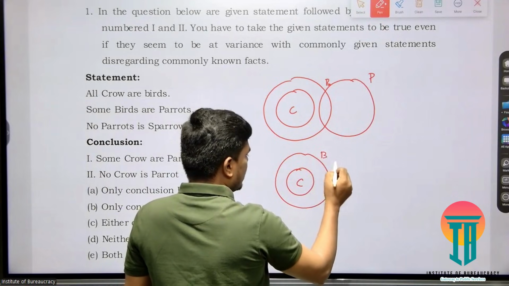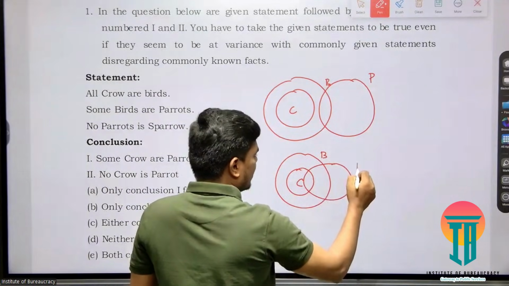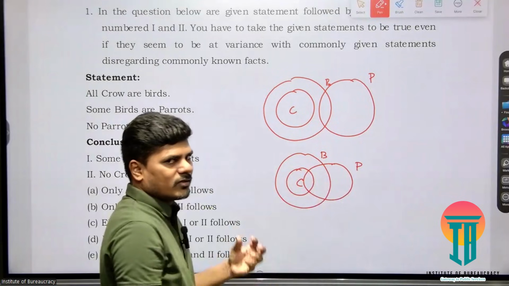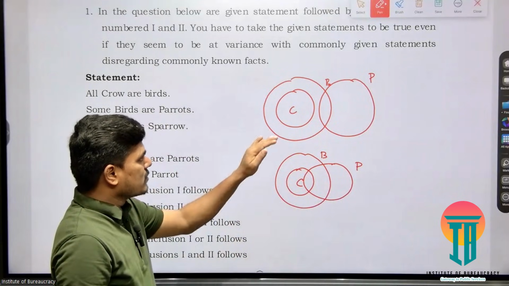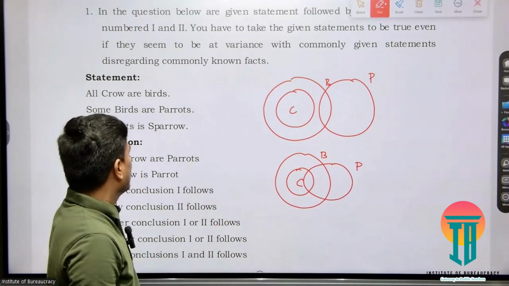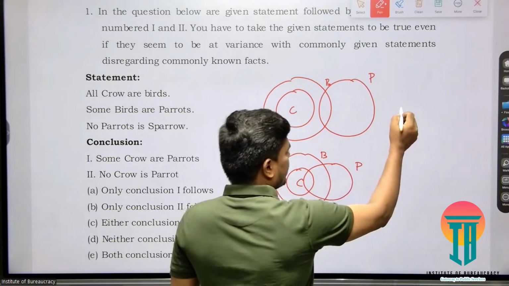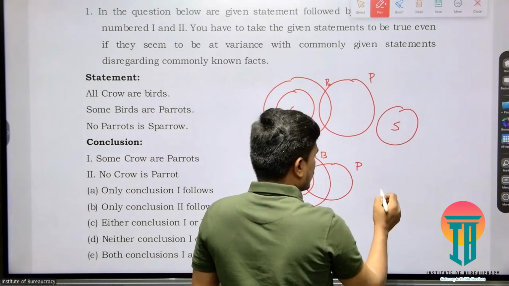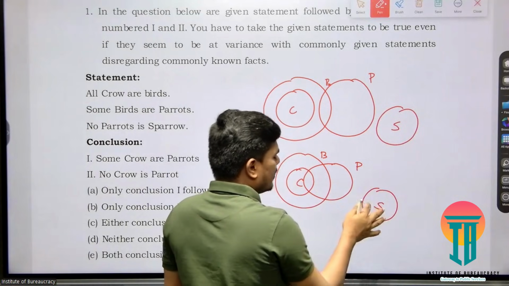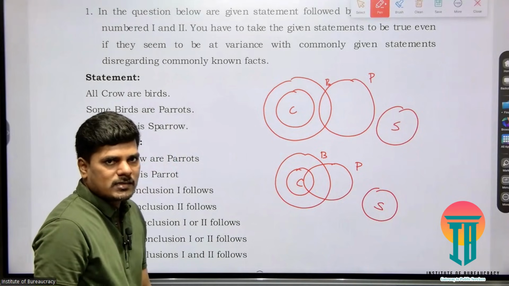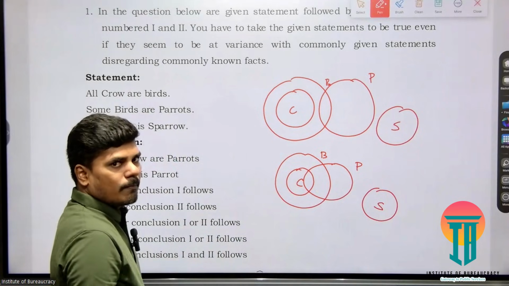Which birds, we don't know. Some birds, so this is also true, this is also true as per the given statement. No parrot is sparrow means here it's going to be sparrow, here it's going to be sparrow. There is no relation between sparrow and parrots. That's how we can draw.